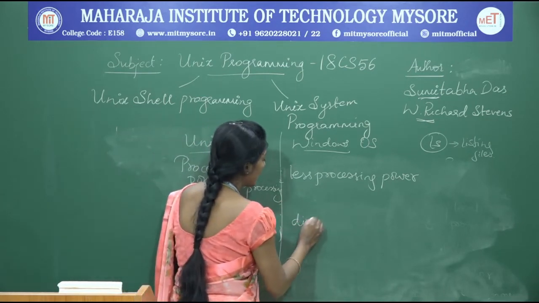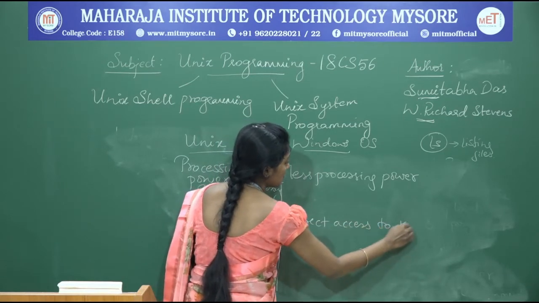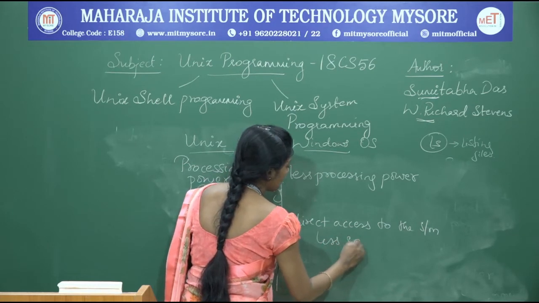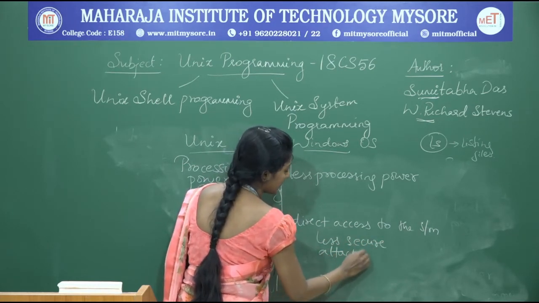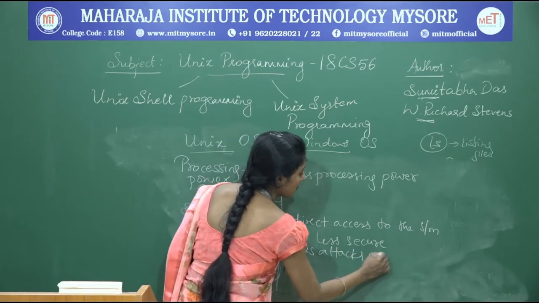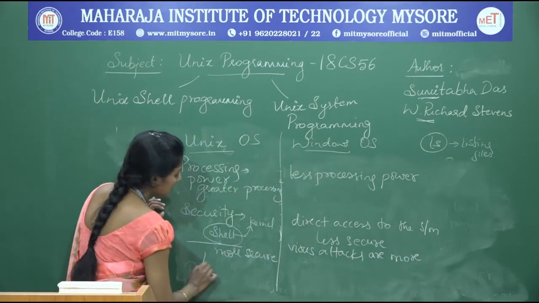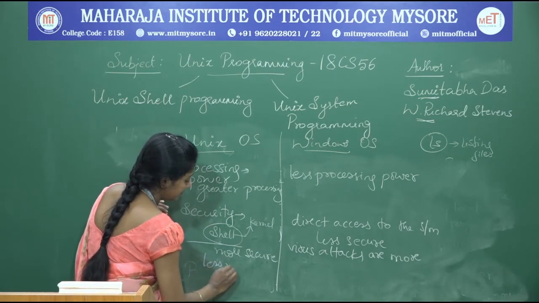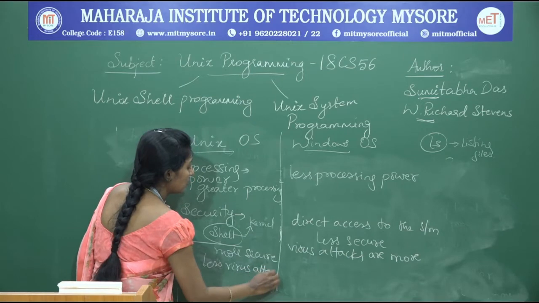whereas here we have direct access to the system. It is less secure, that is, virus attacks are more in Windows operating system, whereas here there are fewer virus attacks.